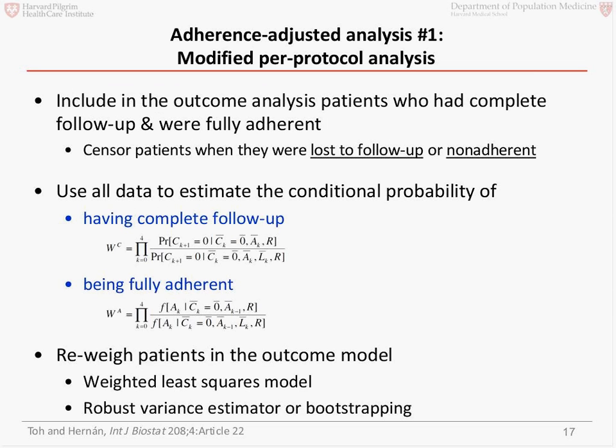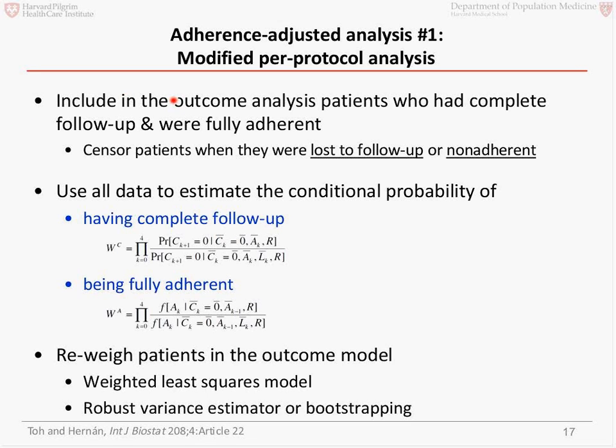We will know what the effect will be if we appropriately adjust for treatment non-adherence. So we do analysis. The first one is the modified per protocol analysis. Like the traditional per protocol analysis, we are only including patients who are adherent to the assigned treatment and had complete follow-up in the outcome analysis.